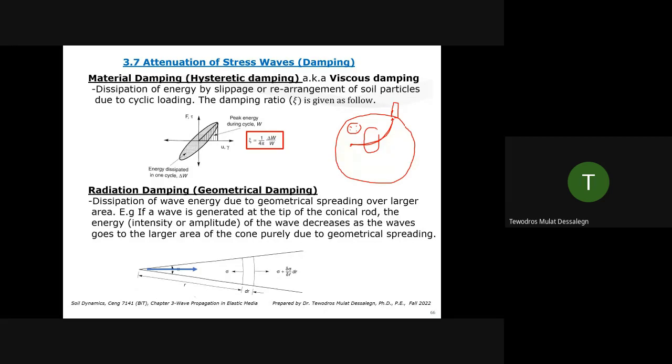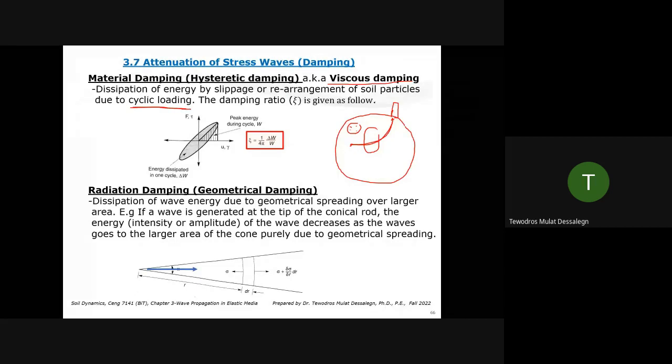We can have material damping, or we call it also hysteretic damping. We can estimate this from lab. It's also called viscous damping. It's the dissipation of energy by slipping or rearranging of soil particles due to cyclic loading. The loading is from seismic in this case.